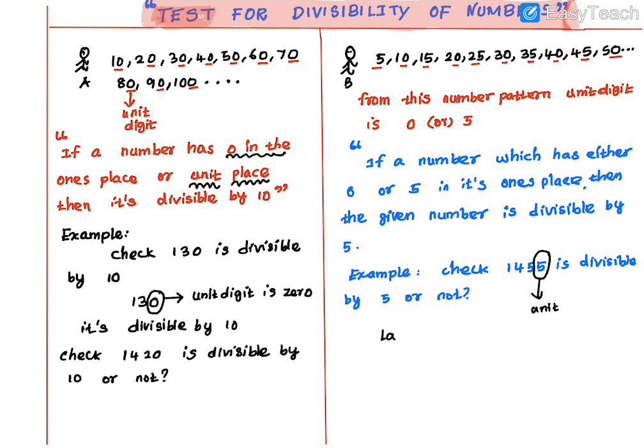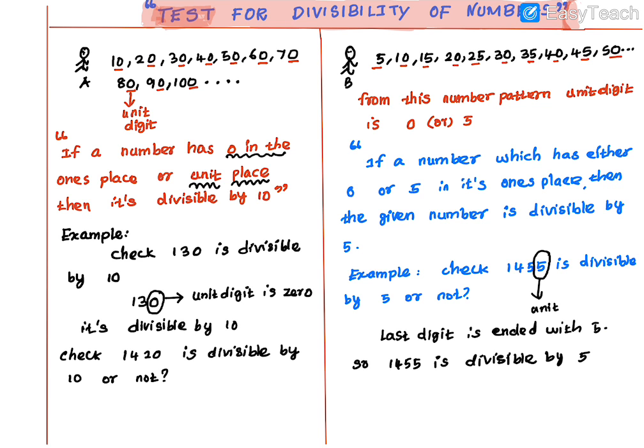The last digit is 5, so 1455 is divisible by 5.